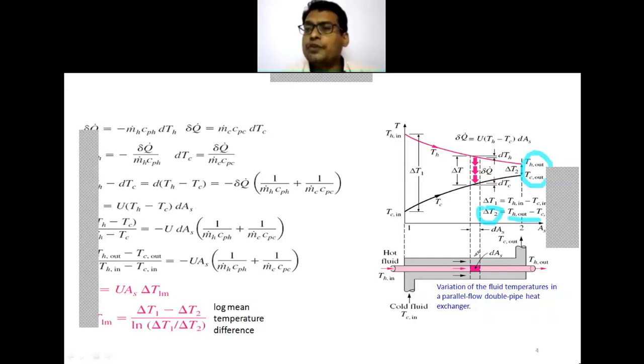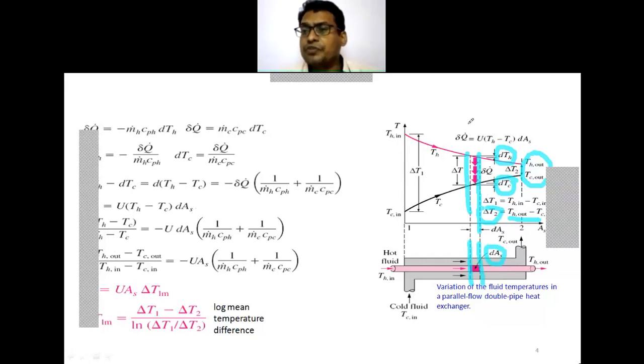Now here we consider a small infinitesimal area of the heat exchanger, so that the changes taking place in this area, dTh and dTc, are the small changes noted in this area dA. dA is the surface area of the heat exchanger.